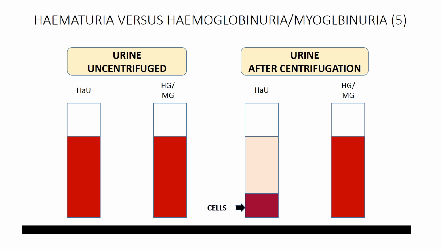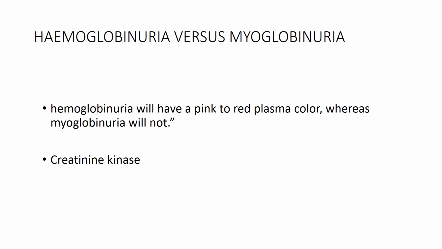So this is a simple test that one can carry out if they have access to a centrifuge to try and differentiate whether your patient has true hematuria. Then, just to get it out of the way, let's say supposing we find a patient that has findings after centrifugation suggestive of a myoglobinuria or hemoglobinuria, meaning that after centrifugation the specimen does not separate into a cellular component and a non-cellular component.